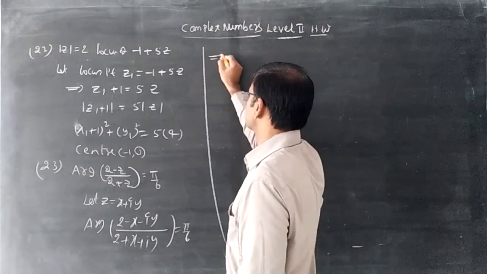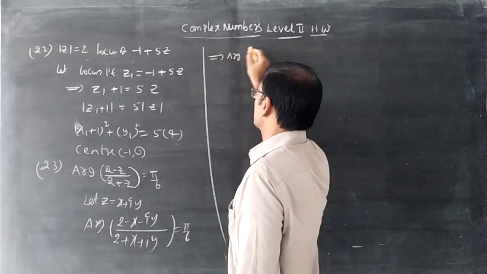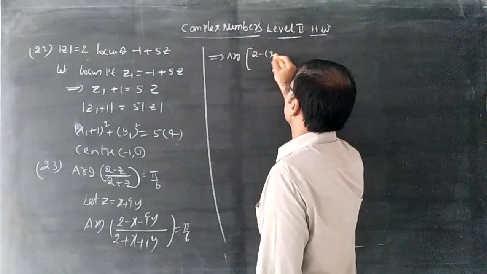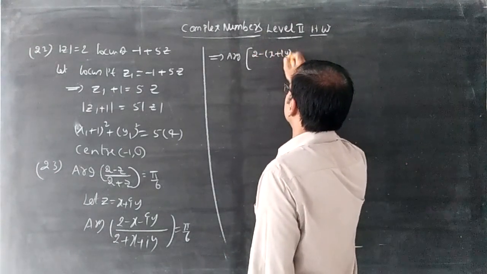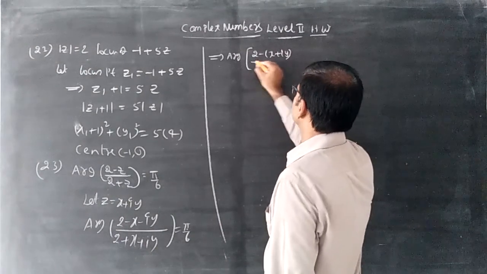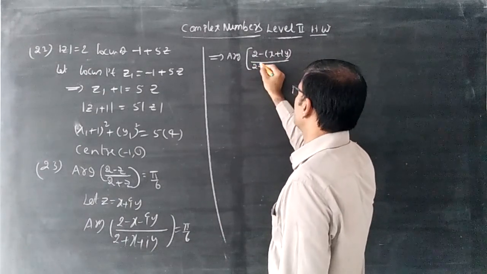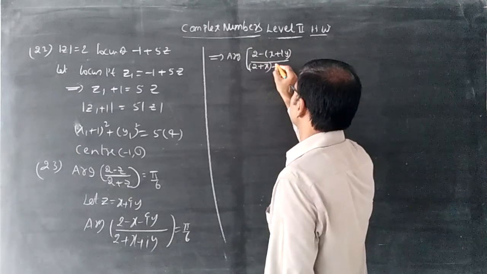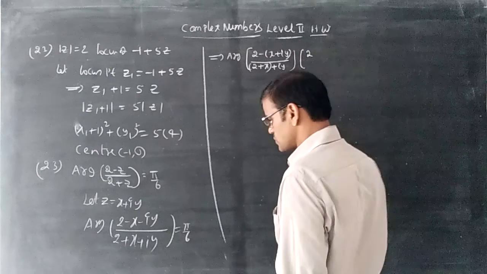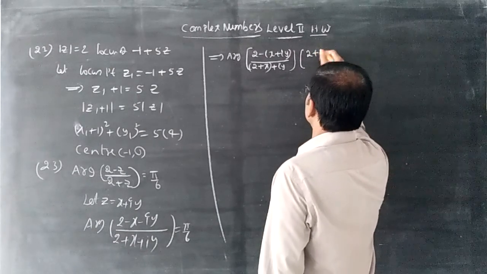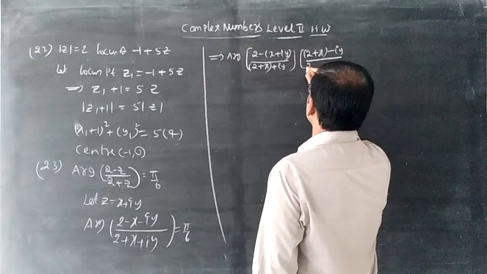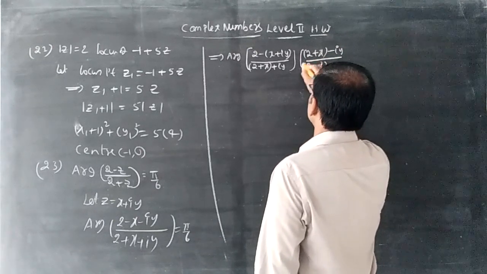That implies argument of 2 minus of x plus iy into, take LCM like this, I mean rationalization, 2 plus x plus iy into, right, like this, 2 plus x minus iy by 2 plus x minus iy.